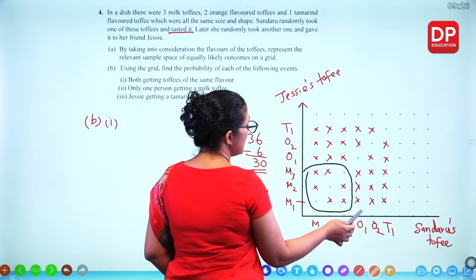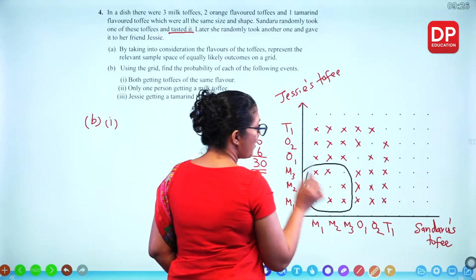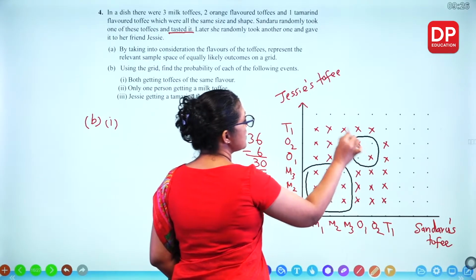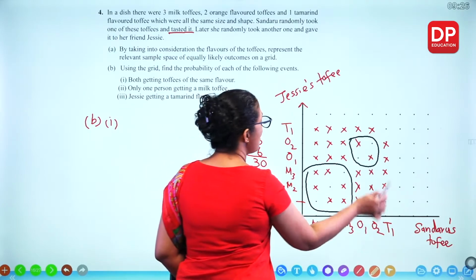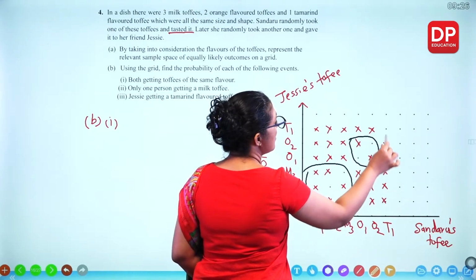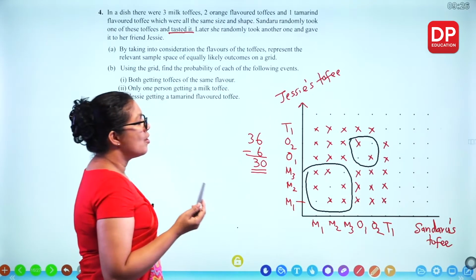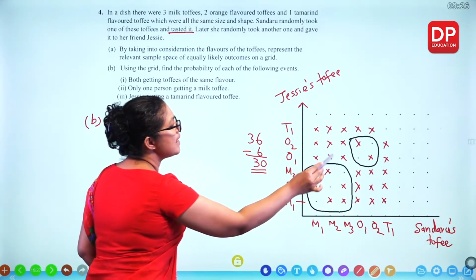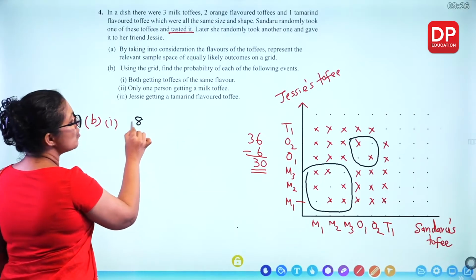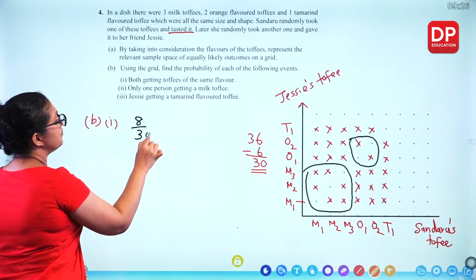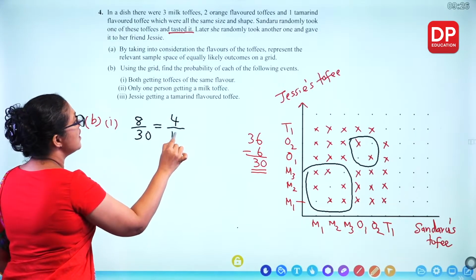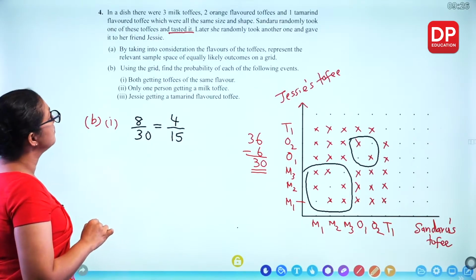If this is orange flavor ones, can get orange ones as well. If this is tamarind one, you can't get tamarind. So altogether 1, 2, 3, 4, 5, 6, 7, 8 out of 30. Divide by 2, 4 over 15.